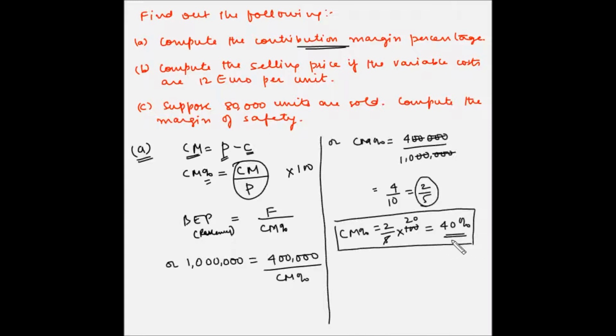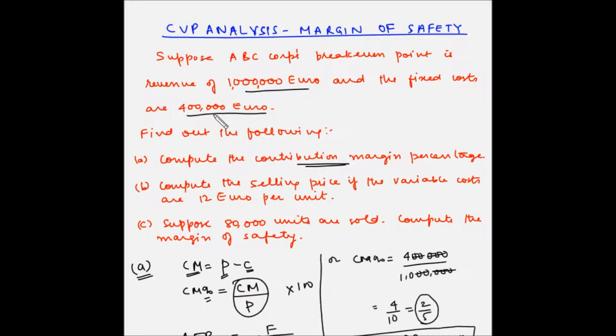So what this means, in other words, is that out of the selling price, 40% is being contributed towards the recovery of the fixed cost or towards the payment of the fixed costs. And once these fixed costs have been recovered, then this 40% will contribute towards the profits for the company.